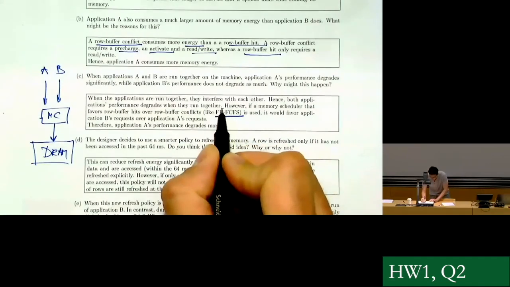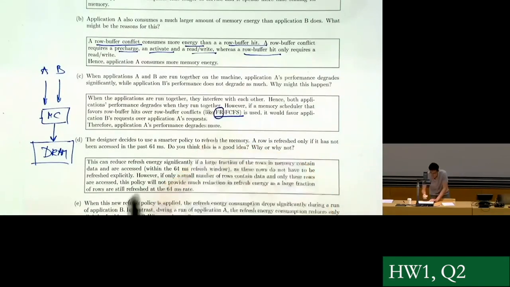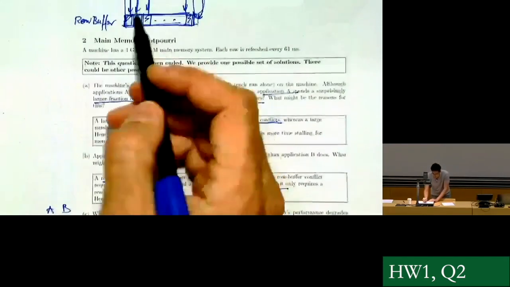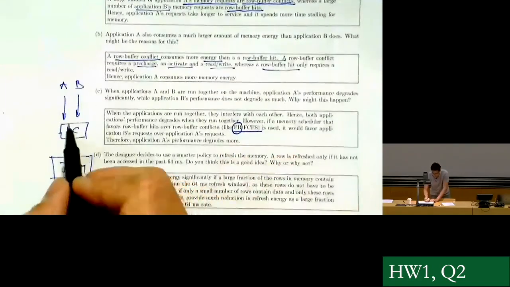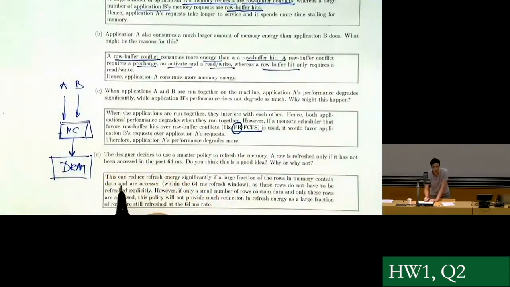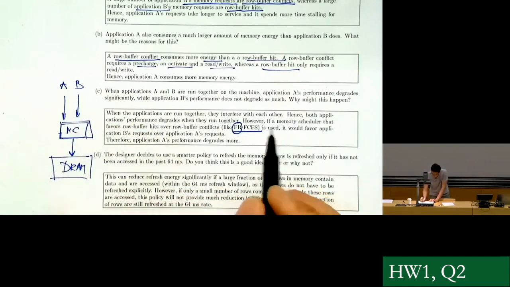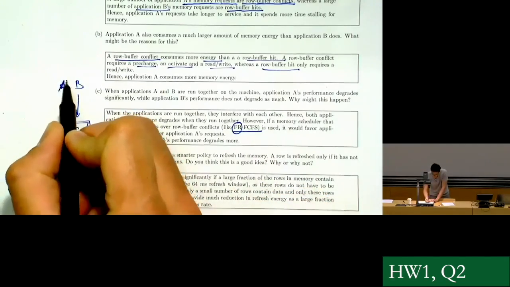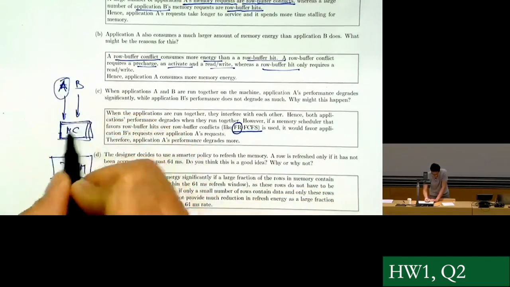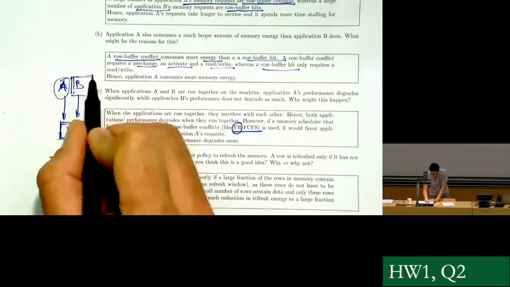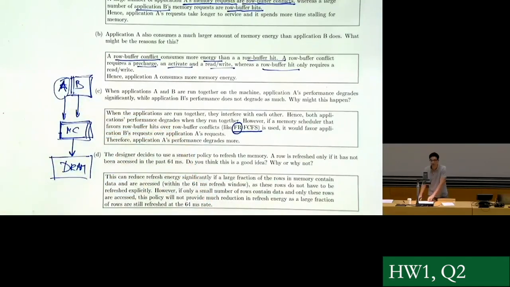That's why it is called first ready: if the row is already open in the row buffer, the memory controller will prioritize those accesses. So A had many row conflicts, so the memory controller tends to prioritize memory requests from application B.